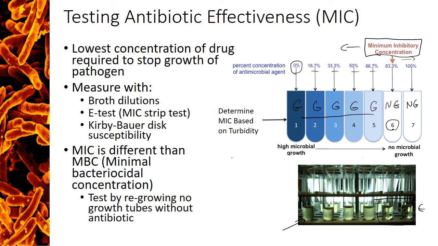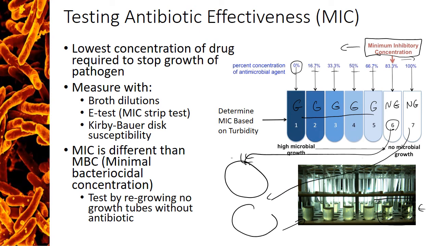After doing the broth dilution test, what you can do is take a small sample out of this tube and plate it onto a Petri plate. You do the same thing with tube 7 and we look for growth. If we see colonies growing on this plate, that tells us that in tube 6, the bacteria weren't dead, they just weren't growing.